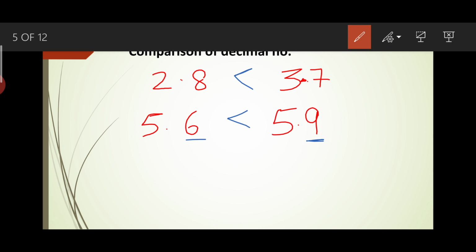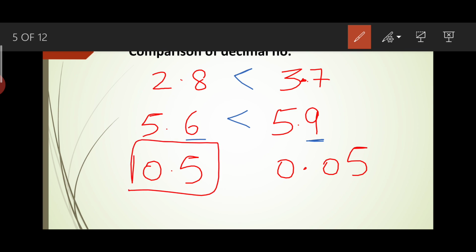Now moving on to the next example. If you have the numbers 0.5 and 0.05, you can see that in 0.5 you have two digits, and in the other number you have three digits. Some of you may be thinking that the number having three digits will be greater, but no, this is not the case here.